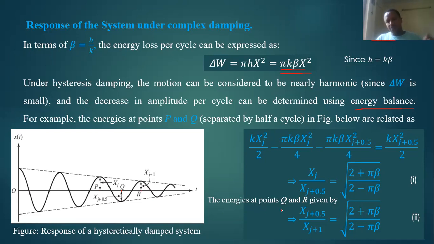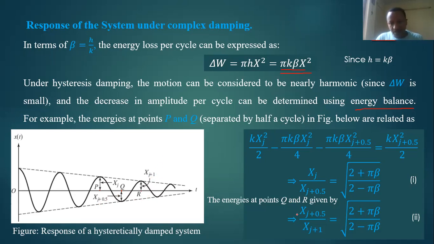The amplitudes at points P, Q and R are given as follows: at point P it is xj, and at Q and R it is xj plus 0.5 and xj plus 1.